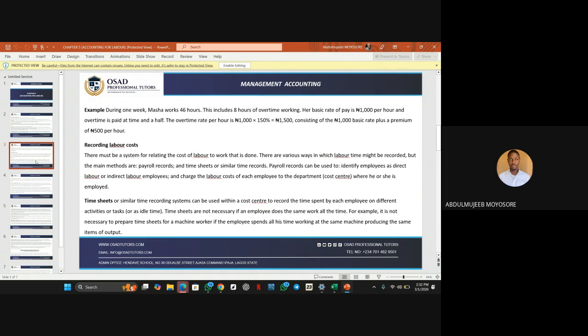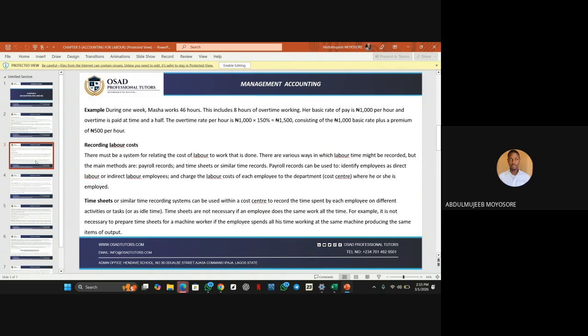For overtime, we're paying that person 1,000 naira, 1.5 of that hour. So 1,000 naira and half of that, which is you just do 1.5 times 1,000 naira, or 150% times 1,000 naira. Do you get? Yes, sir. So the overtime pay is now 1,500 per hour of overtime worked. Do you get? Okay, sir.